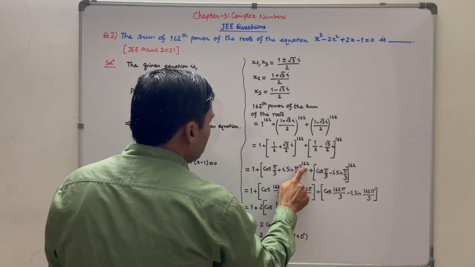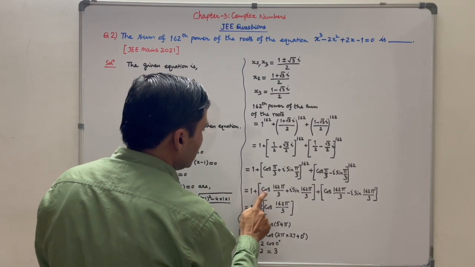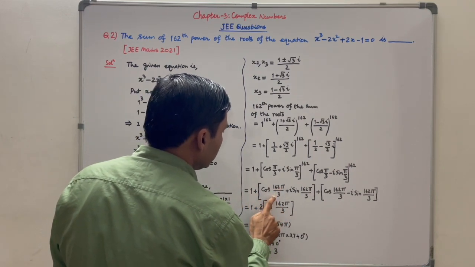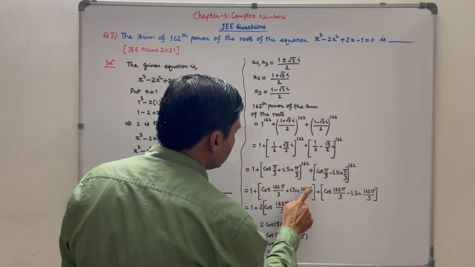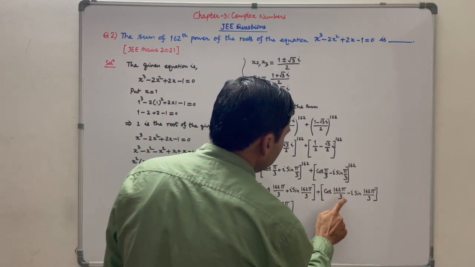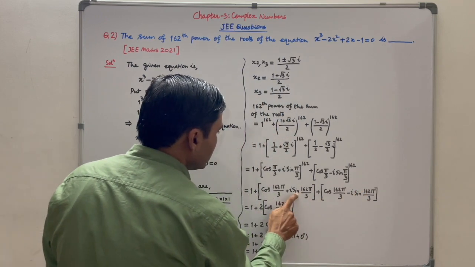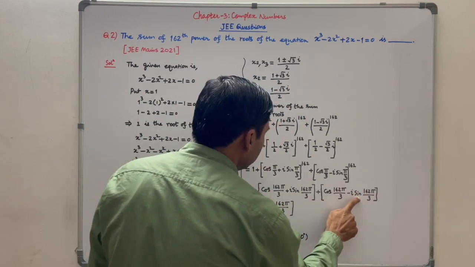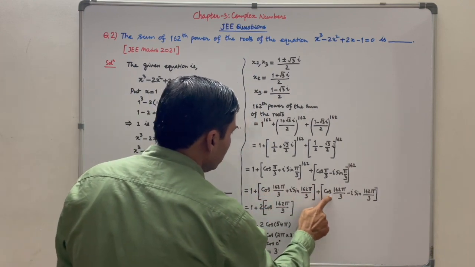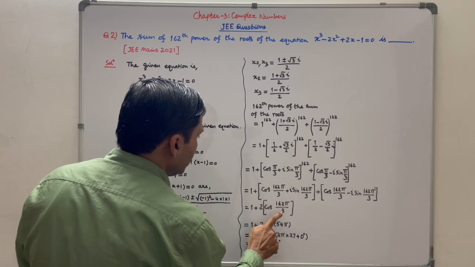So this power will be multiplied with the angles. So it will be 1 plus cos 162 pi by 3 plus i sin 162 pi by 3 plus cos 162 pi by 3 minus i sin 162 pi by 3. So this term and this term will get cancelled and this will be added to give 2 cos 162 pi by 3.